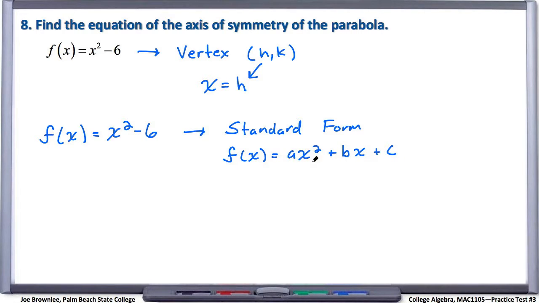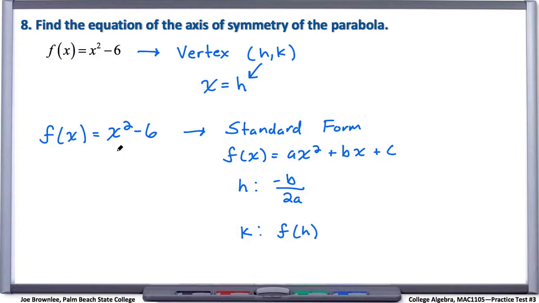If we're given standard form, we can find the vertex by finding h, and h is given by negative b divided by 2a, and then k is given by f of h, meaning we find h first, and then plug that h value in to get k.